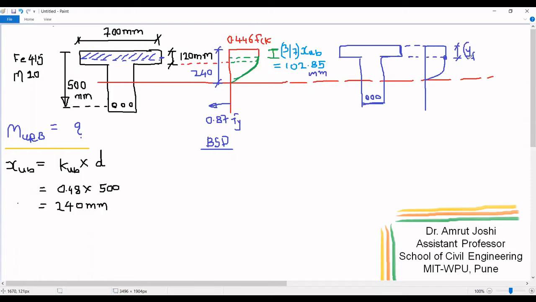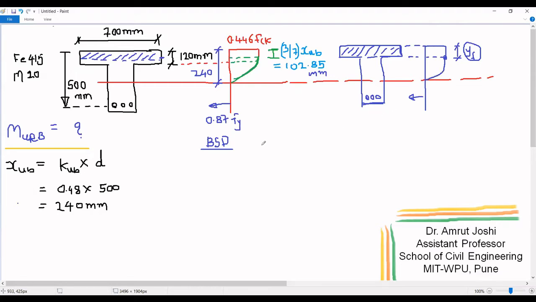This YF is calculated such that over it I can safely assume 0.446 FCK to be constant. So the stress block at failure will look something like this: rectangular up to YF and then parabolic.